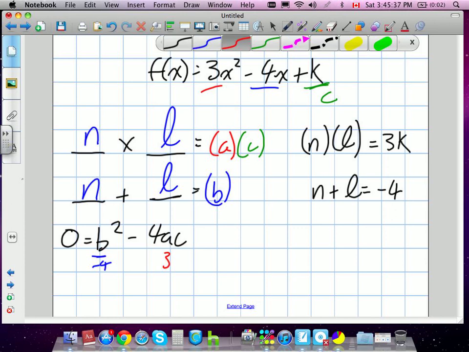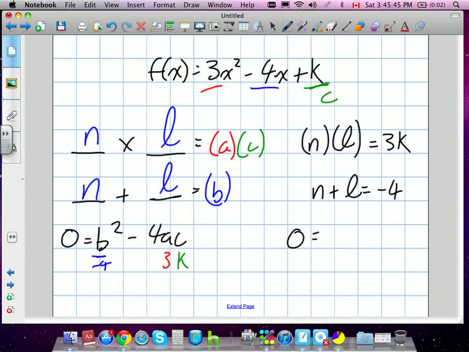Our value of a is going to be 3. And our value of c is going to be our k value. So our final discriminant formula here we can write in is 0 is equal to -4 squared minus 4 times 3 times k, which I can simplify. I can write it as 0 is equal to 16 minus 12k.